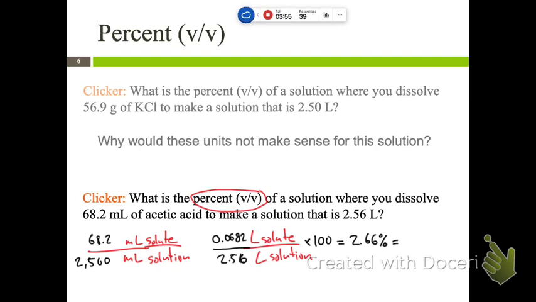Question or answer? All right, hopefully most people have written this out. Go ahead, Courtney. What's the ratio that comes with this?